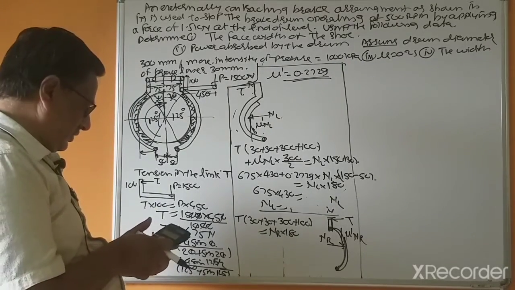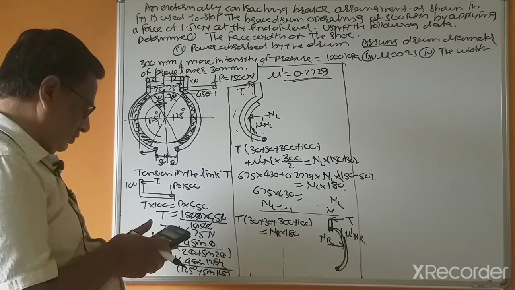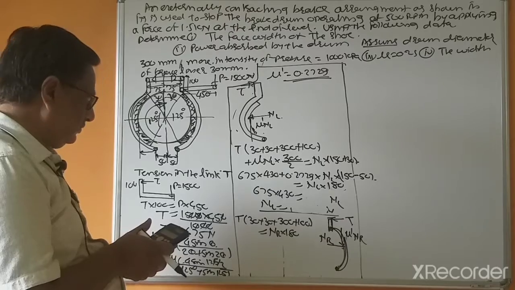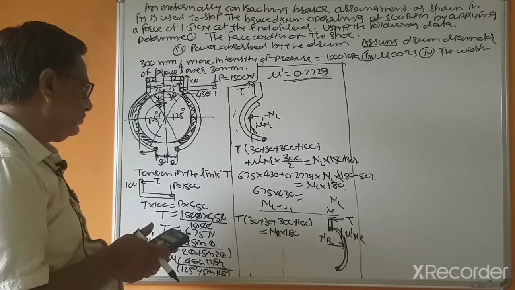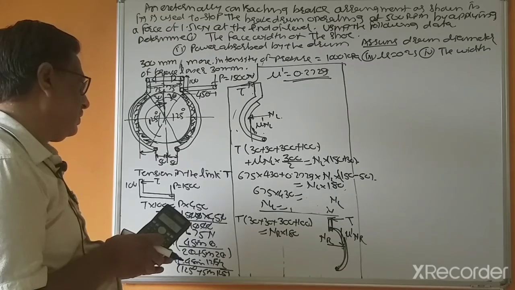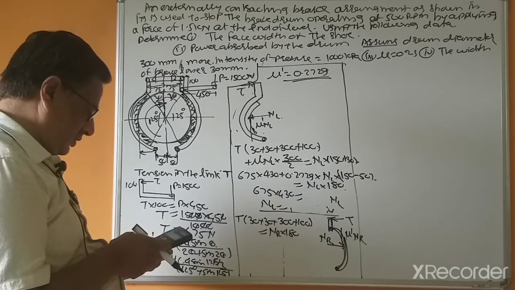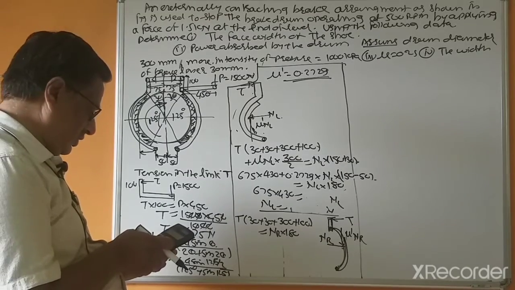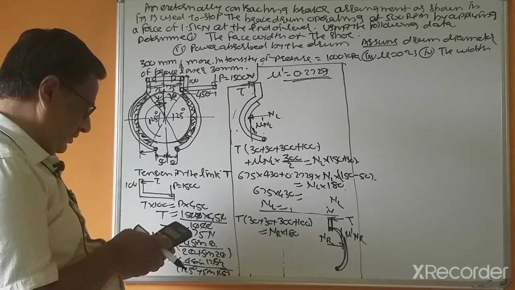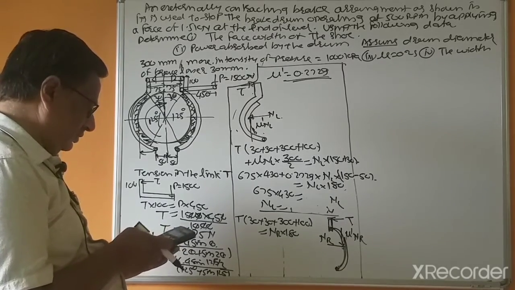180 minus 27.29 equal to 1 divided by answer multiplied by 675 multiplied by 430.